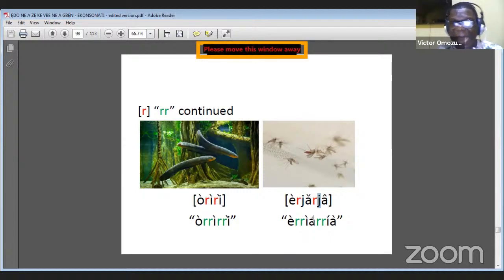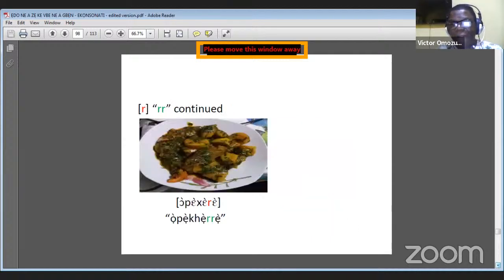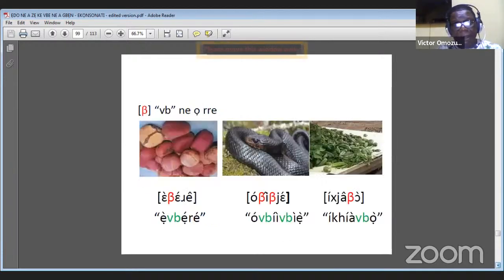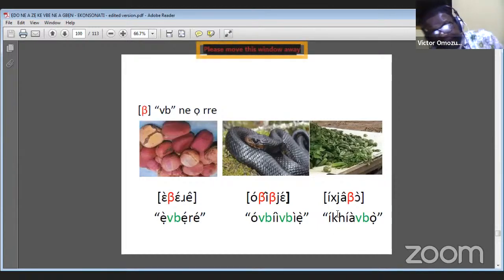Ariaria is the small fly that, in the morning when you are in the farm, sucks blood like that. And then this opechere is still the Ri opechere. And then we always say Bena. Vina.